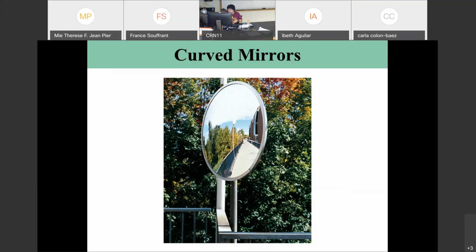So they use those mirrors so people entering or leaving can see cars incoming. It doesn't matter if they look small, at least you see that they are coming. I've also seen these mirrors in gyms, in the locker rooms, so they can see everybody coming and leaving. So convex mirrors have usage, all right?